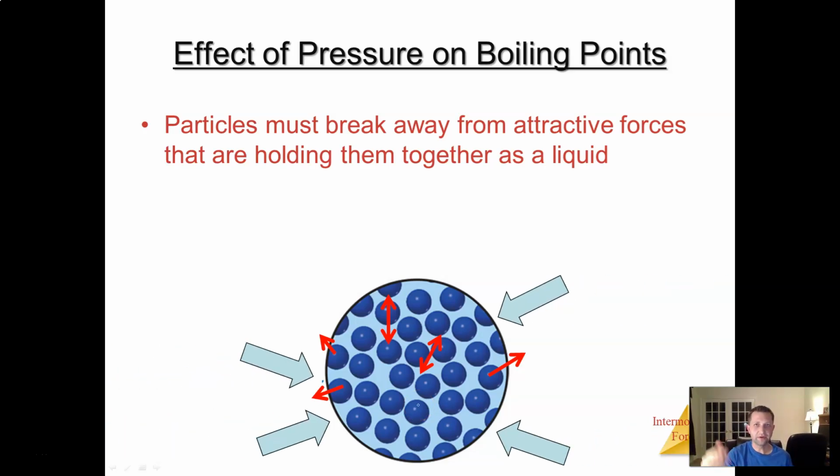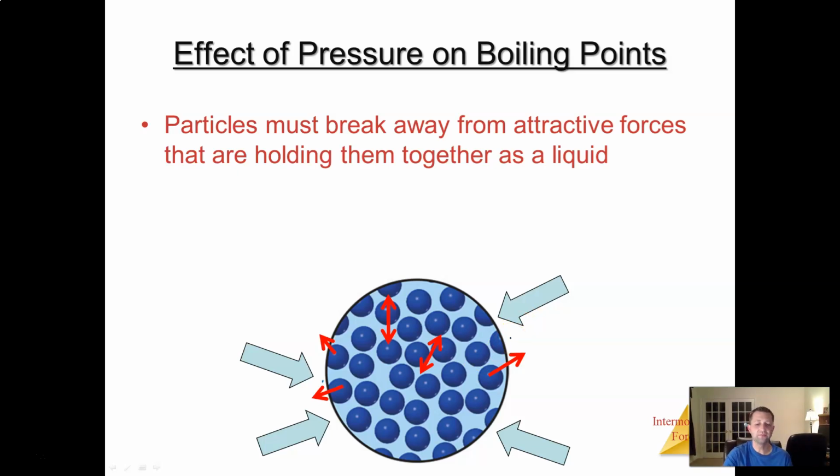You have atmospheric pressure acting on that. You have atmospheric pressure pushing down on that liquid, keeping those particles where they are, right? So imagine these red arrows. These particles are trying to escape and evaporate, turn into a gas. But look, the atmospheric pressure, these blue arrows, are pushing in on that, keeping them closer together, keeping them in the liquid state.